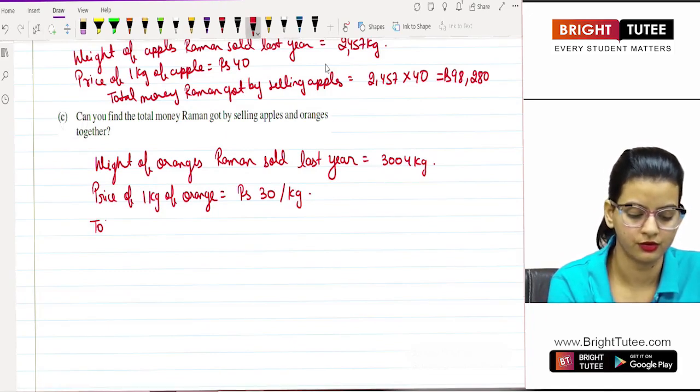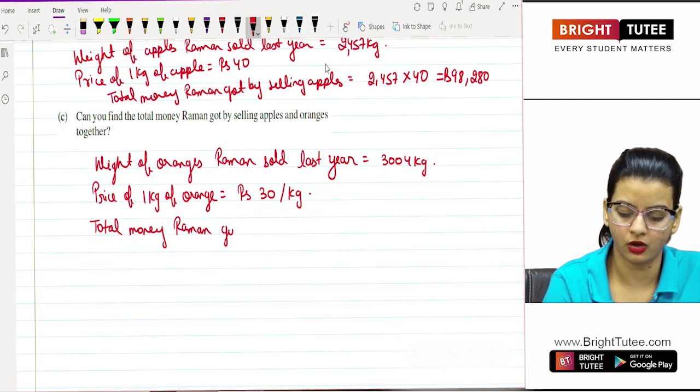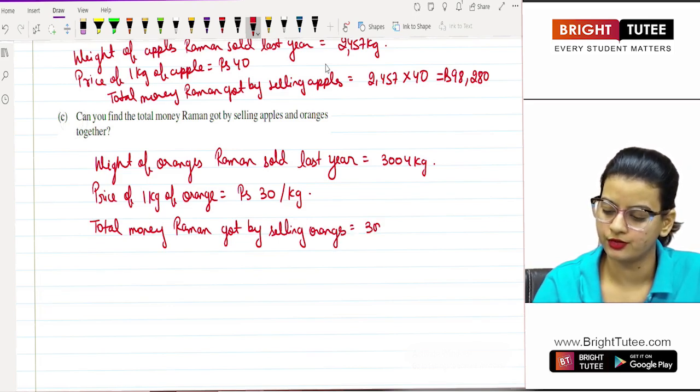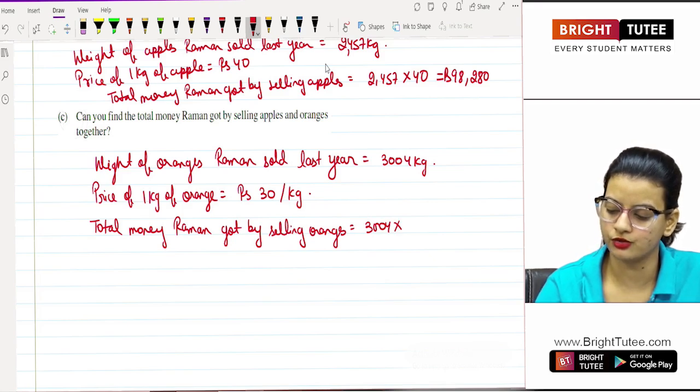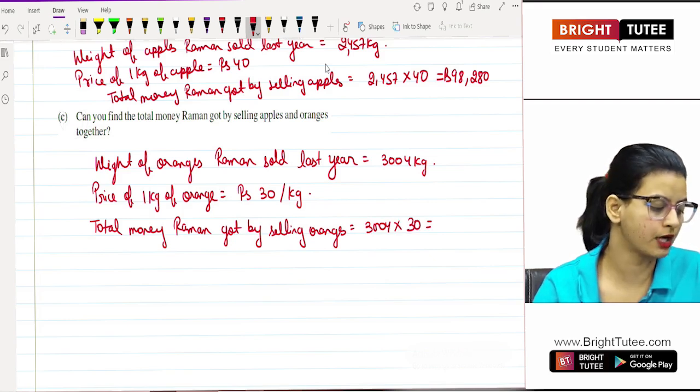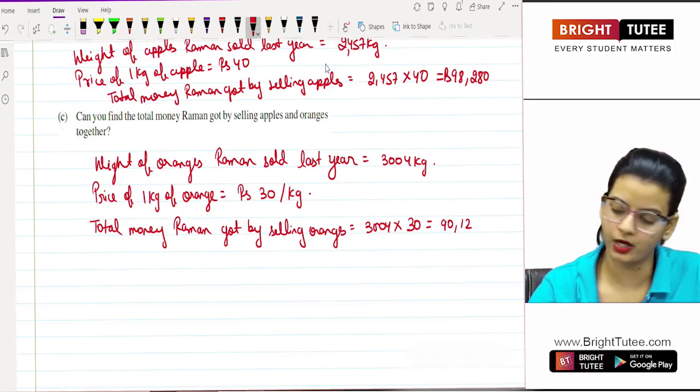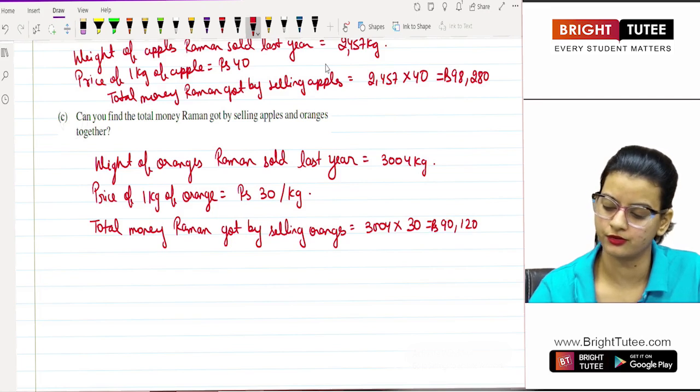So total money Raman got by selling oranges is 3004 into 30, that is equal to 90,120.